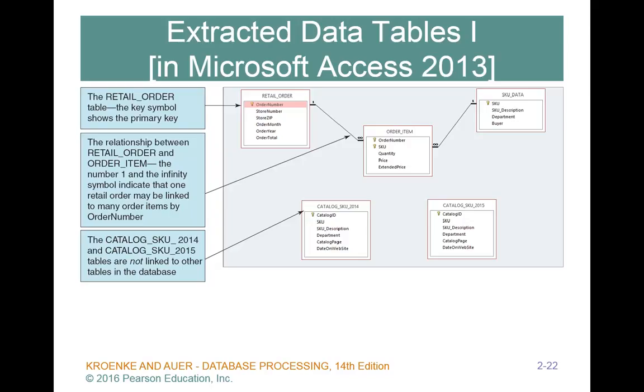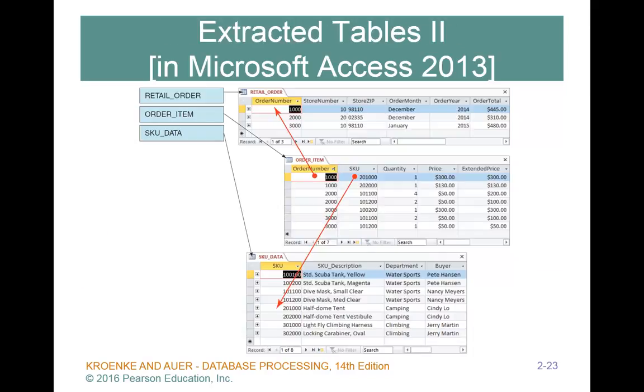Okay. In terms of the common columns, this should be familiar to you now, especially if you've completed assignment 1. If you completed assignment 1 part 2, this is where we created these tables within the Cape Cod database.